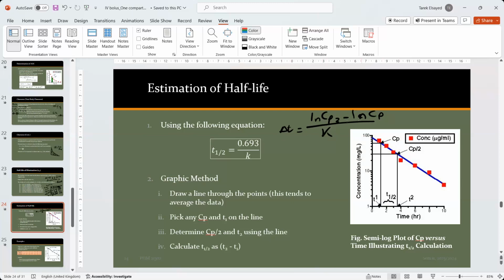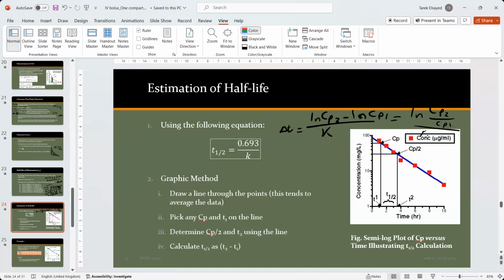You remember from mathematics, ln of a number minus ln of another number equals ln CP2 divided by CP1, right?